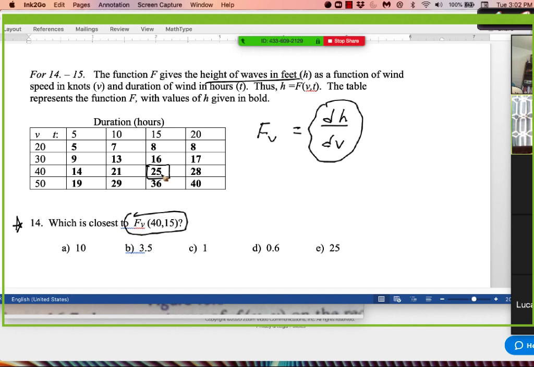At this point, we're holding t constant, and we're looking at changes in v. So that means this way, up and down. A change in v here, and a change in v here. So here, v changes by 10. So v is changing by 10 each time.